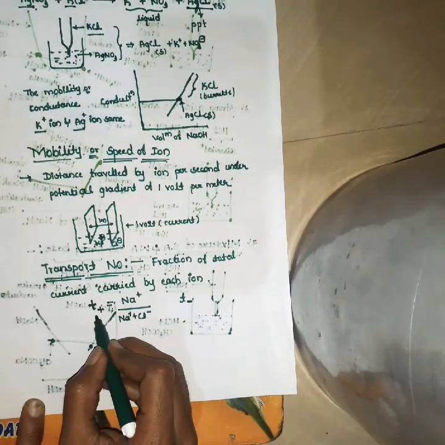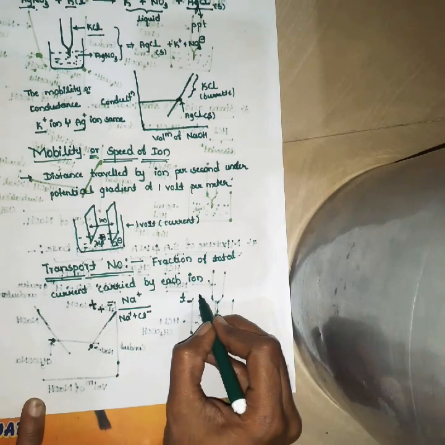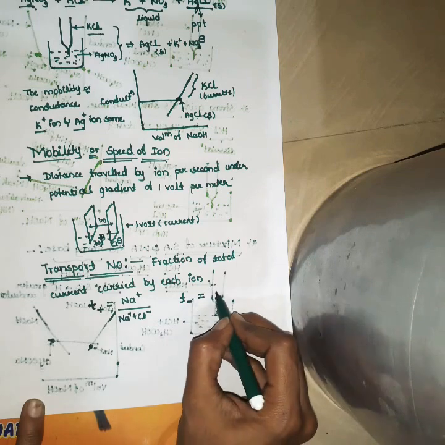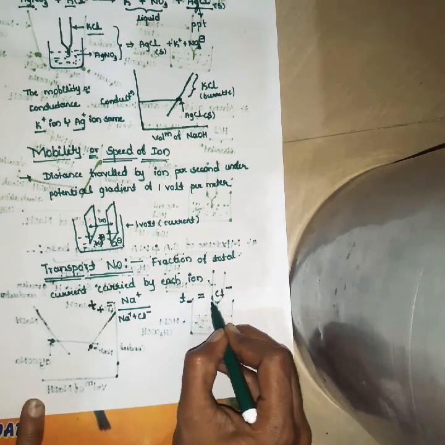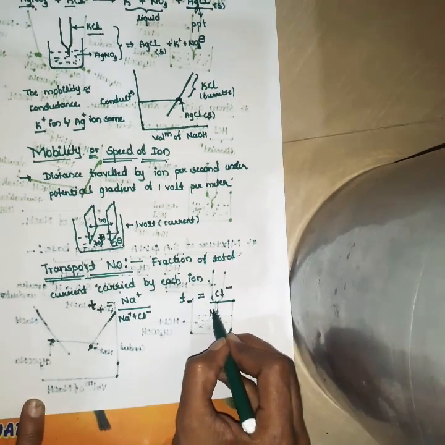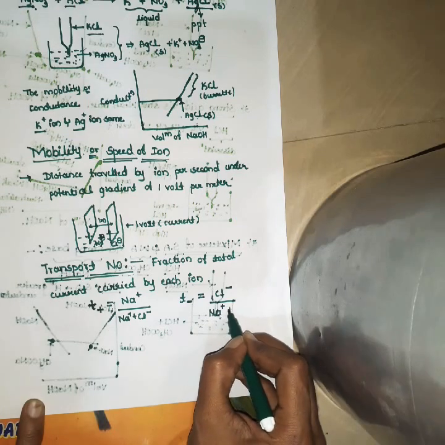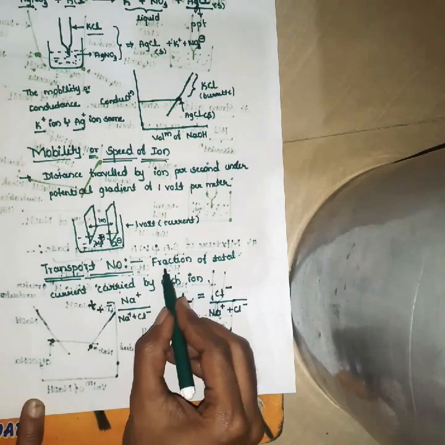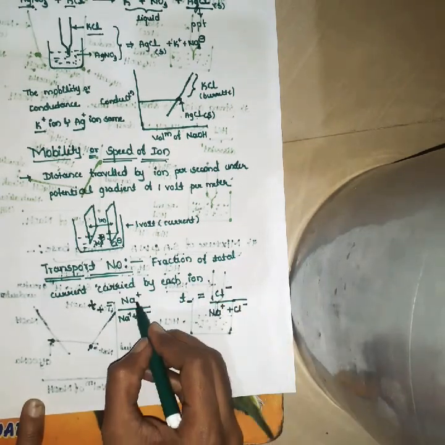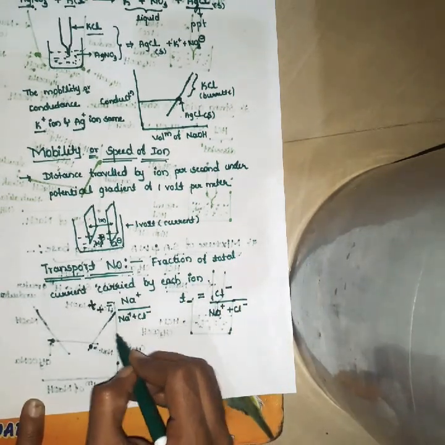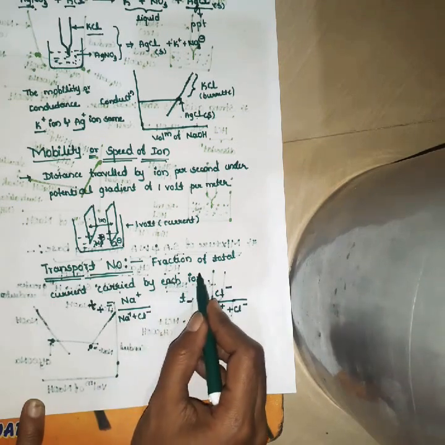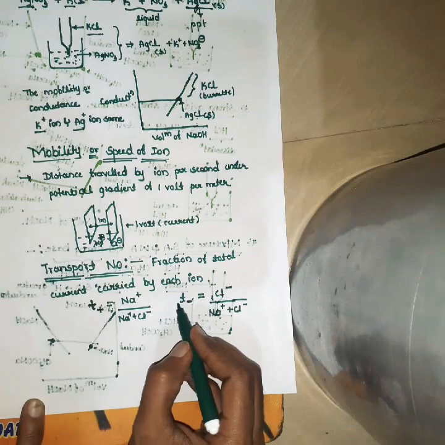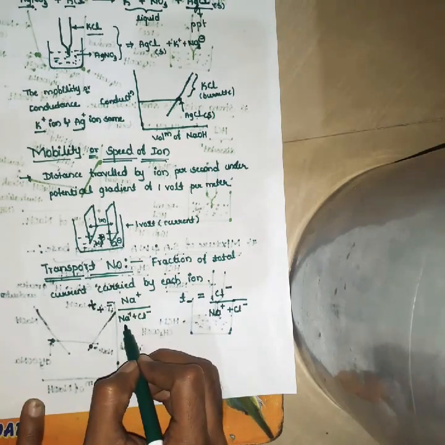This is the transport number of the cation. The transport number of the anion is given by Cl- divided by Na+ plus Cl-. Therefore, the fraction of total current carried by each ion is called the transport number.